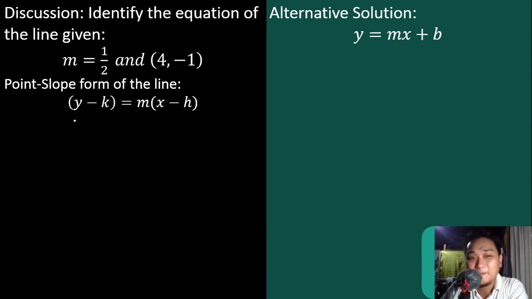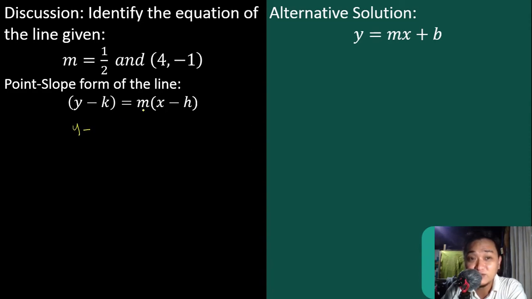Ano po? So, we can make use of the point slope form of the line denoted by y minus k is equivalent to m times the quantity x minus h. Since our slope is 1/2 and we are given a point that passes through that line, or a solution of that linear equation, which is 4, negative 1, so we can immediately substitute, ano po?